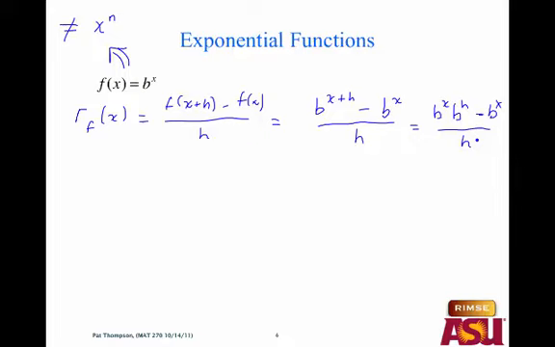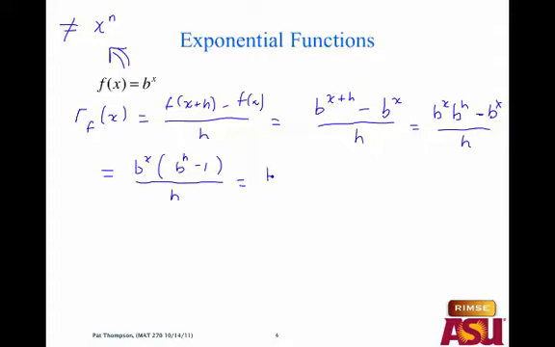So what can we do in the numerator? No, no canceling. There's no canceling here. We can factor out b to the x, and we're left with b to the h minus 1 over h.